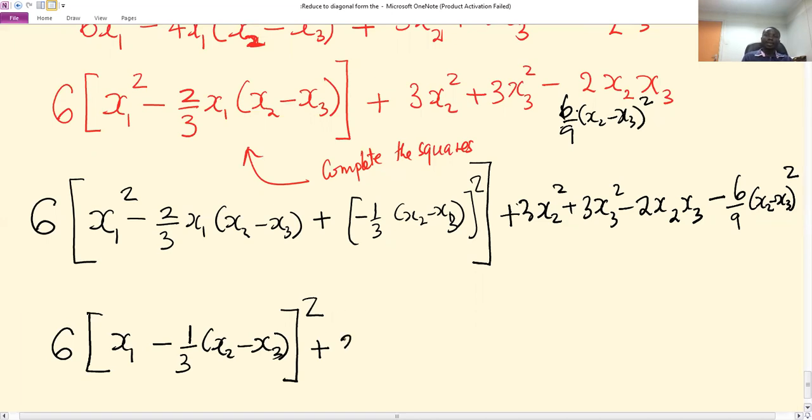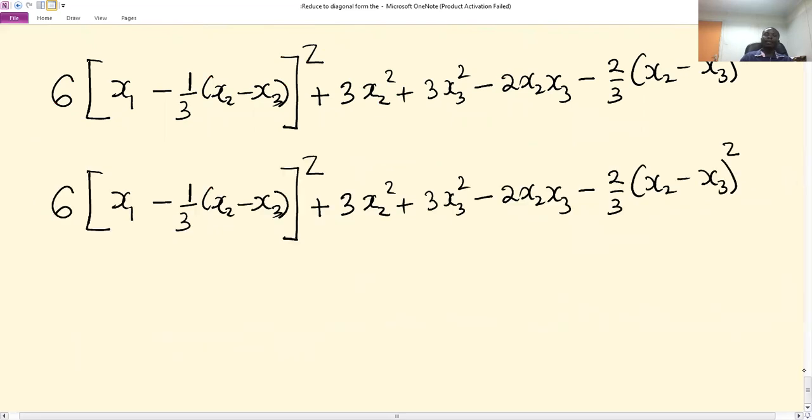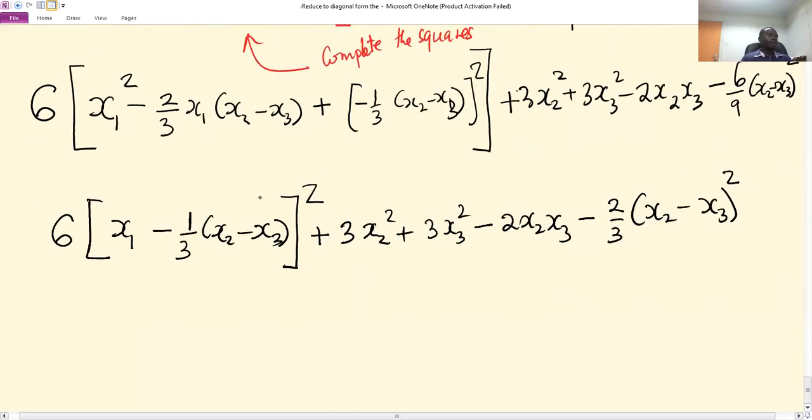So plus 3x2 squared plus 3x3 squared minus 2x2 x3, and then minus 6 over 9, which is the same as 2 over 3, into x2 minus x3 squared. So at least we have succeeded in getting the squares for x1, x2, and x3 in this part.